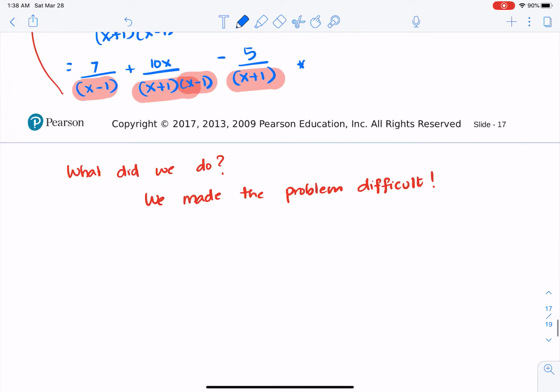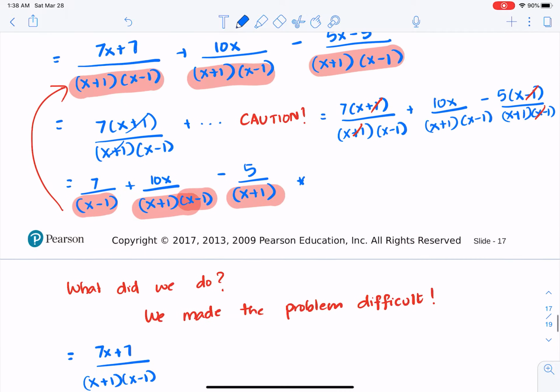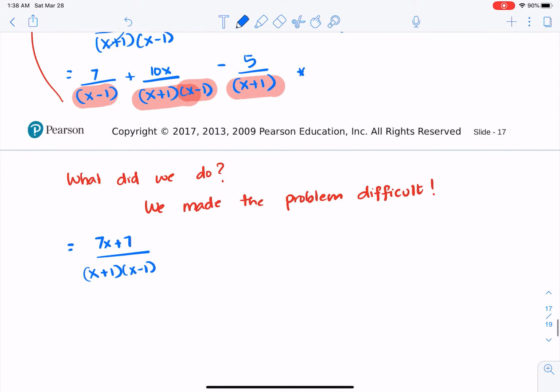So what we're going to do is go to the step prior to having unlike denominators.